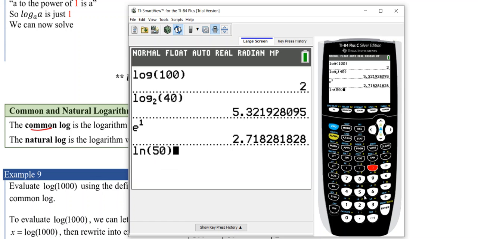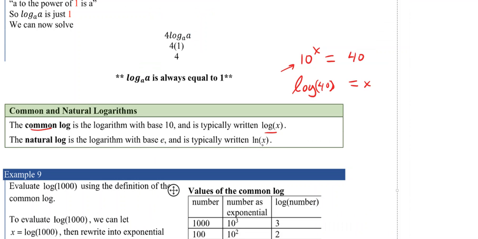Natural log of 50 would be some number, also an irrational number. I write it a little differently with a fancy L. So natural log of 50 is the exact same thing as writing log base e of 50. No difference there, we just would never typically write it this way.